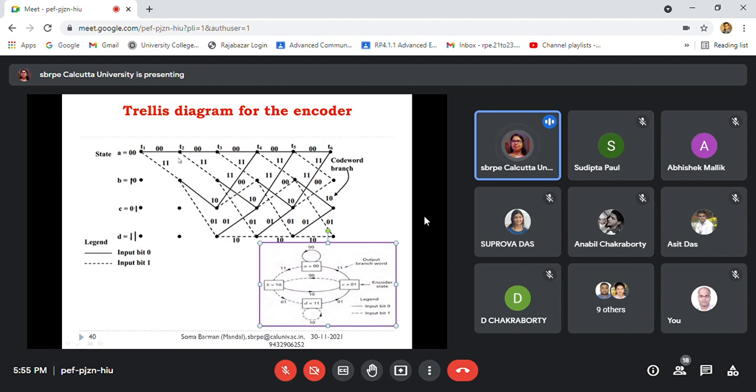In the 2 nodes, 2 to the power 2, 4 paths are diverged, and at the T3 time instant, you have already reached 4 nodes, that is A, B, C, D. So obviously 8 paths will be diverged, 2 to the power 3.